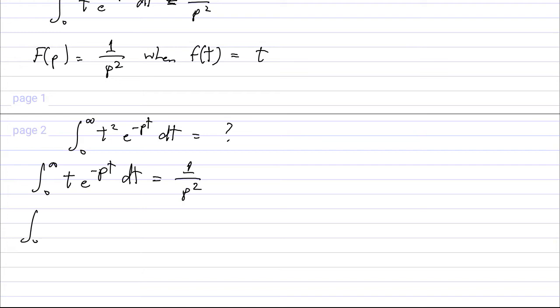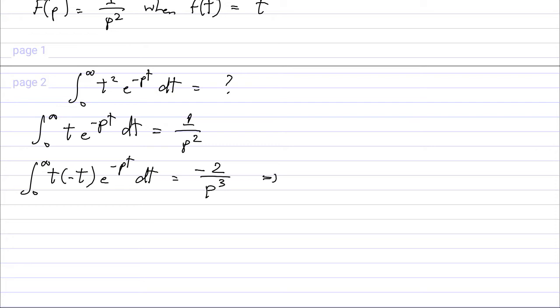Quickly doing this, the derivative on the left hand side goes inside, and when you differentiate with respect to p, you throw in another factor of minus t. On the right hand side, this is going to give you minus 2 over p cube. So cancelling out the minus signs, this immediately implies that the integral of t square e raised to power minus pt dt is going to give you 2 over p cube. So the Laplace transform of t square is 2 over p cube.